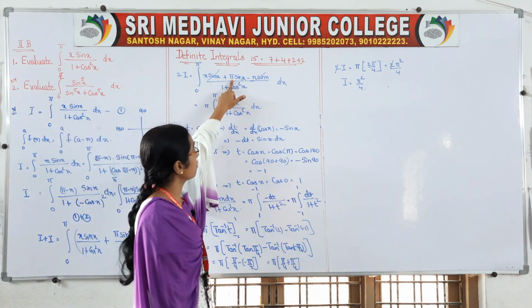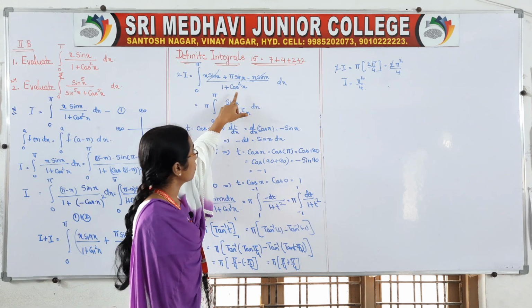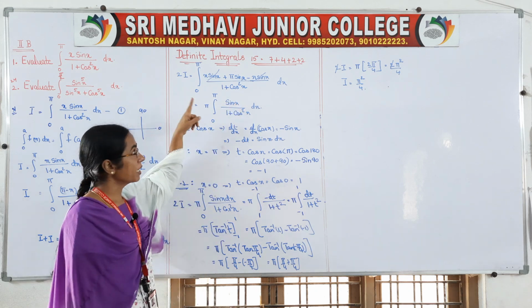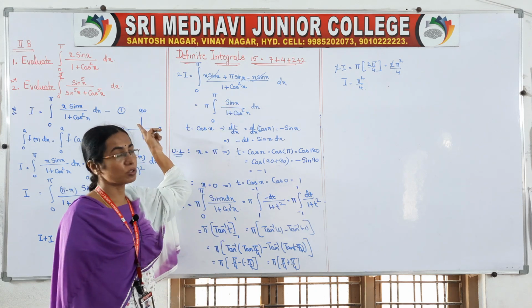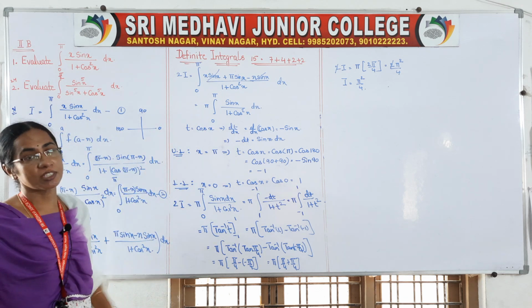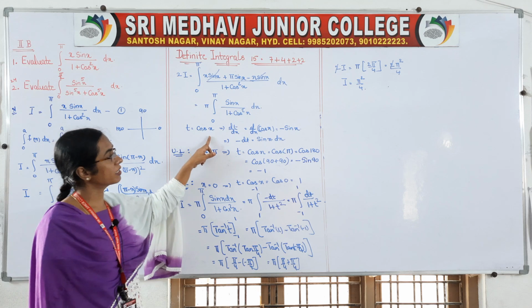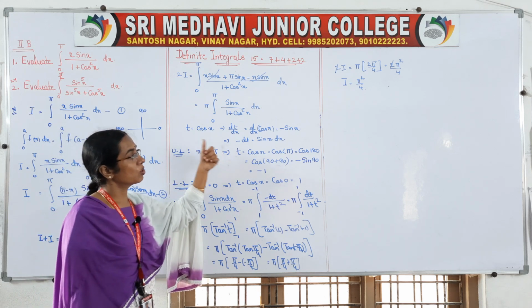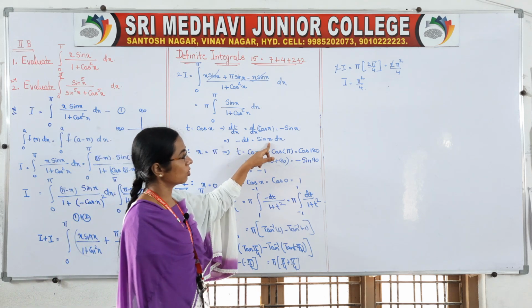After that the leftover value is pi sin x by 1 plus cos square x. Pi is a constant, so it is taken outside. Now observe, downwards cos square x is there and upwards sin is there, that's why I have taken t equal to cos x. Then you get minus dt is equal to sin x dx.